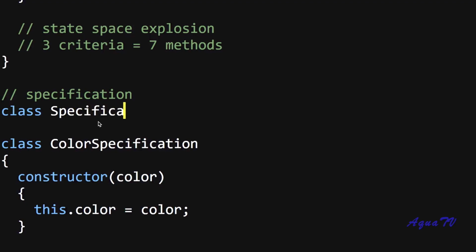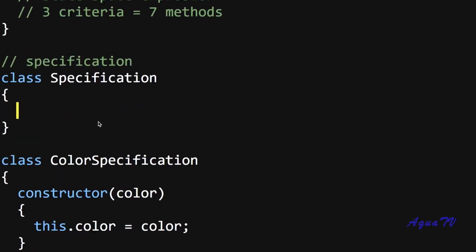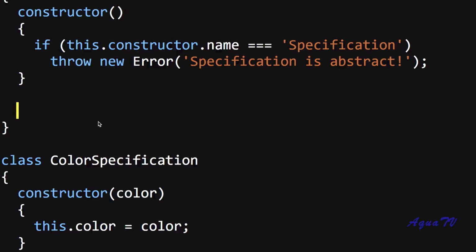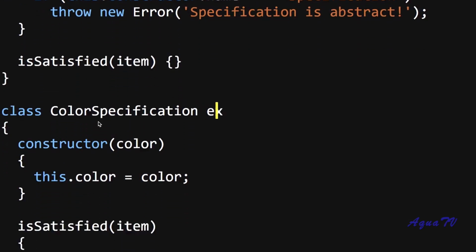Now, in JavaScript, obviously, there is no abstract class, but you could just force it in the constructor by making sure that if somebody calls the constructor of Specification, then they get an error. And here you would specify the interface. Here you would specify isSatisfied(item), and then you would get other classes to extend Specification.